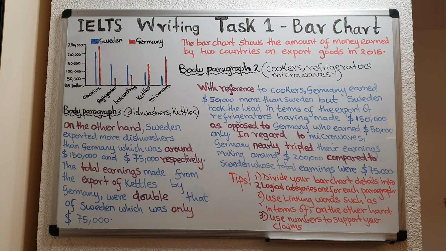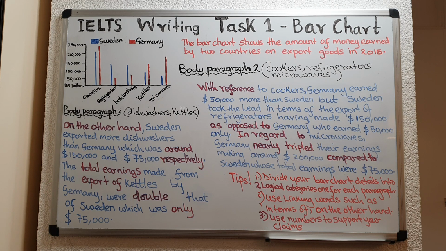With reference to cookers, Germany earned $50,000 more than Sweden, but Sweden took the lead in terms of the export of refrigerators, having made $150,000 as opposed to Germany, who earned $50,000 only.